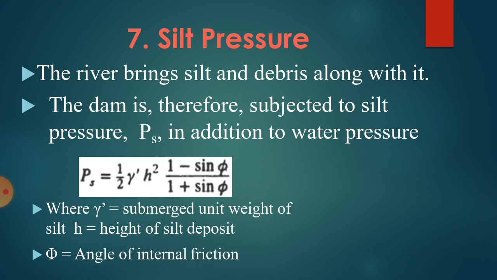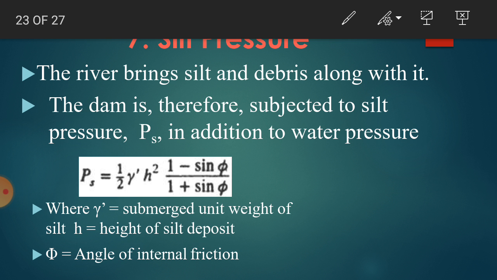For determining the silt pressure, the Rankine formula can be used, that is Ps = 1/2 γ' H² (1 − sin φ)/(1 + sin φ), acting at H/3 height. Here Ps is the total silt pressure, γ' is the submerged unit weight of the silt, H is the height of the silt deposit, and φ is the angle of internal friction.